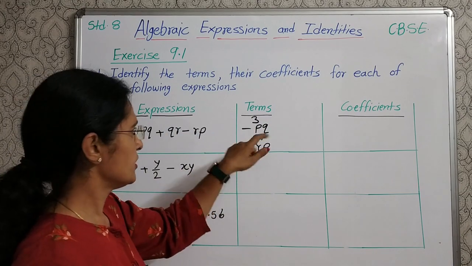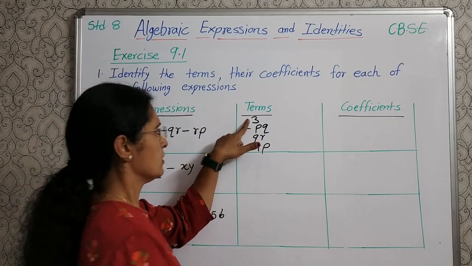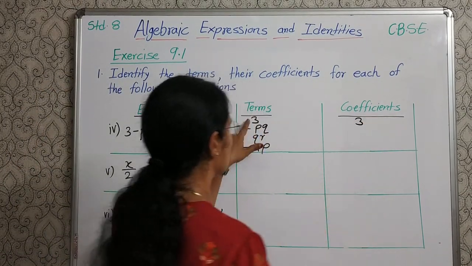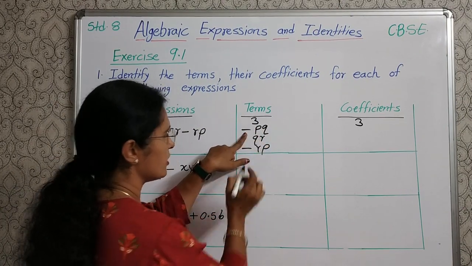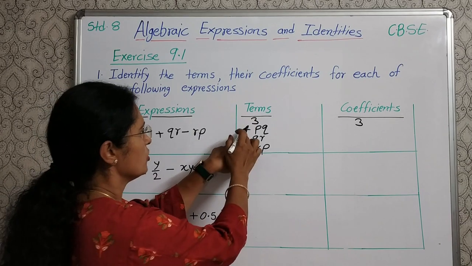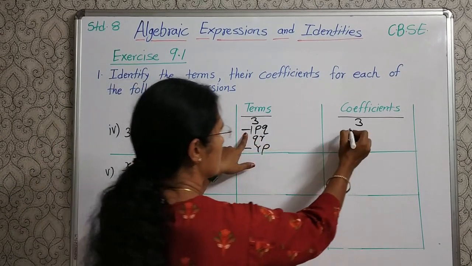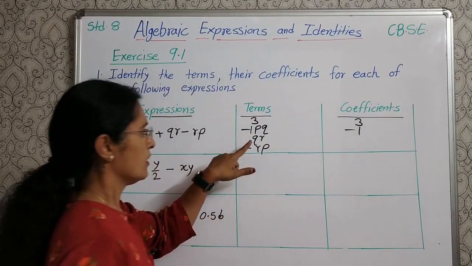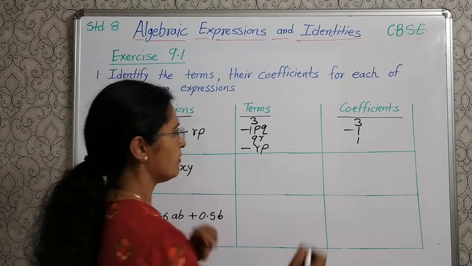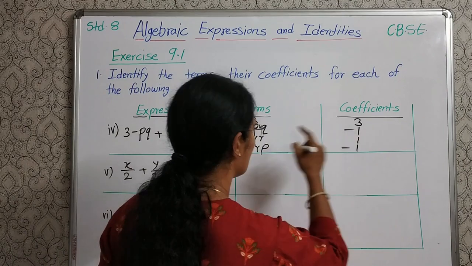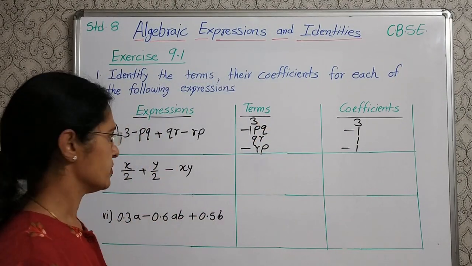Now what are the coefficients? In the first term 3 is the coefficient, then here minus 1, there is no numerical value here but always 1 is there, so minus 1 is the coefficient here, here 1 and here it is again minus 1. So these are the coefficients of these 4 terms.